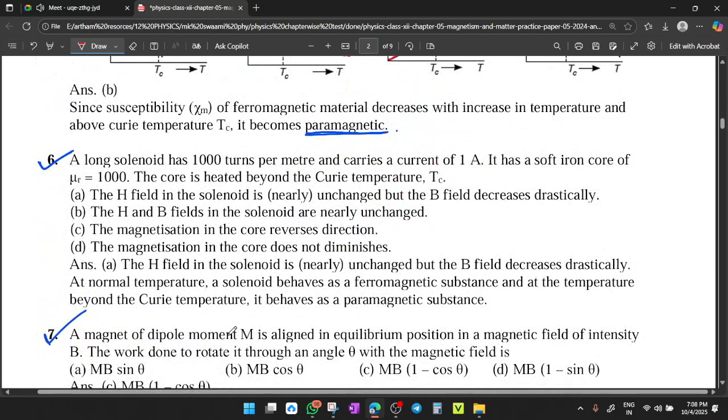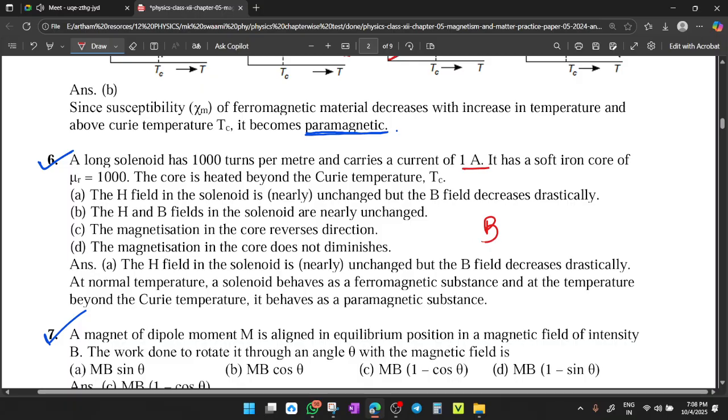Next, question number 6. A long solenoid has 1000 turns per meter, carries a current of 1 ampere, and has a soft iron core of mu r equal to 1000. The core is heated beyond the Curie temperature Tc. Then what will happen? See here, two types of field are there.